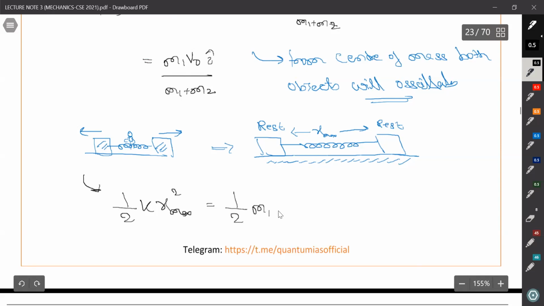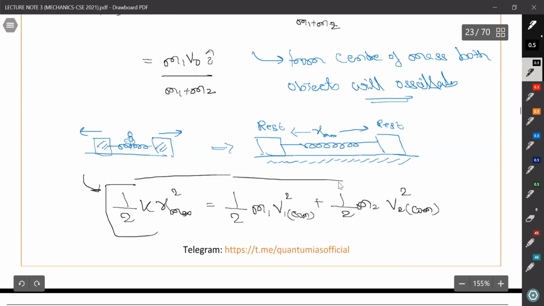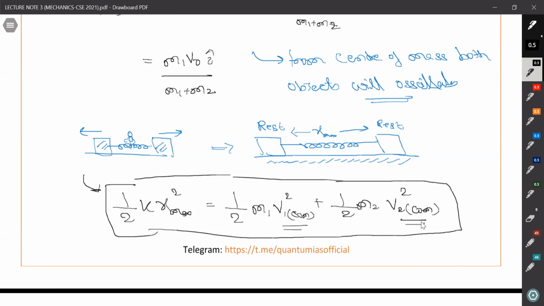So it will be half m1 v1 with respect to center of mass whole square plus half m2 v2 with respect to center of mass whole square. So you have to solve this equation and find out the x maximum. We have already found v1 center of mass and v2 center of mass. Also, we will solve this using the reduced mass concept in the next lecture.